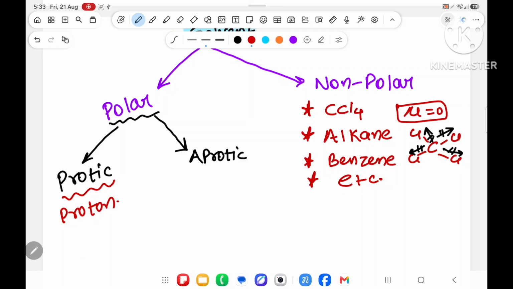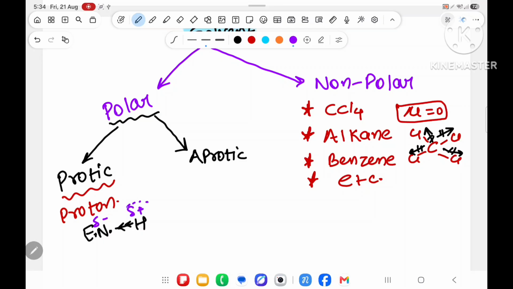Means there is a presence of proton. Whenever there is a polar protic solvent, you will see there is one electronegative atom, and if hydrogen is attached with that electronegative atom, the electronegative atom will take the electron, and because of taking the electron it will get delta minus, and the hydrogen will get delta plus.